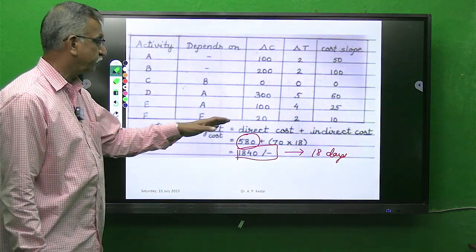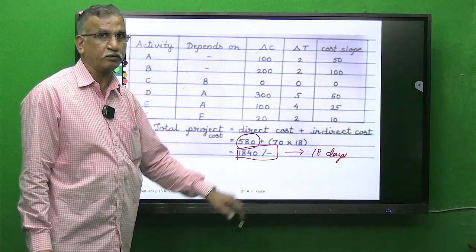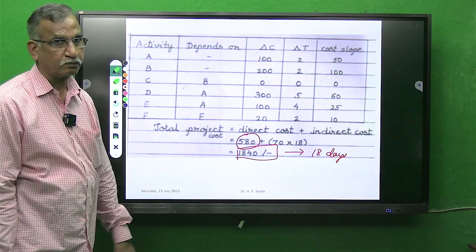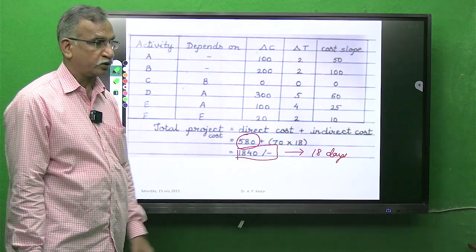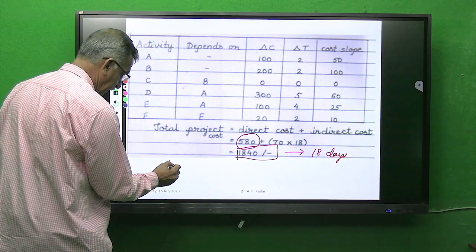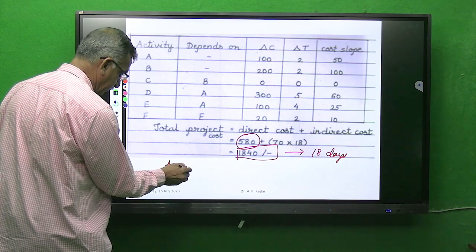Now step by step reducing this, crashing this activity and plotting this on the chart will yield the optimum duration. See here, we have to focus on activity A and D being critical activities.